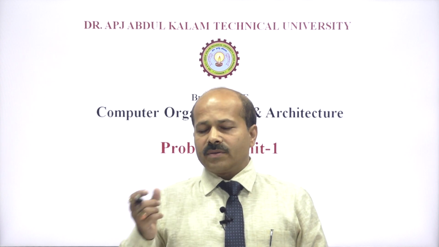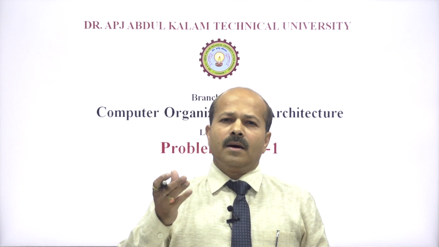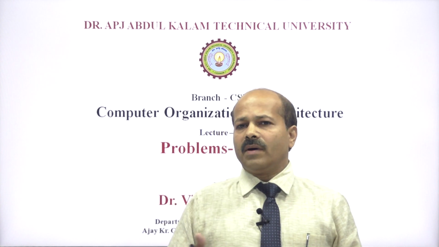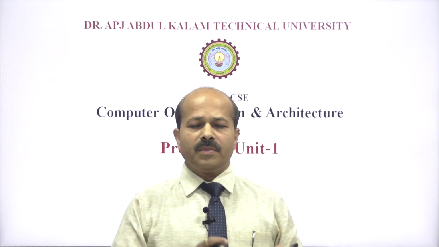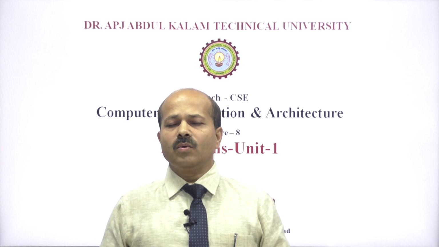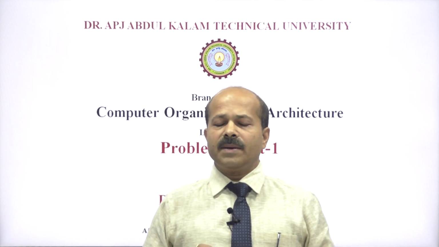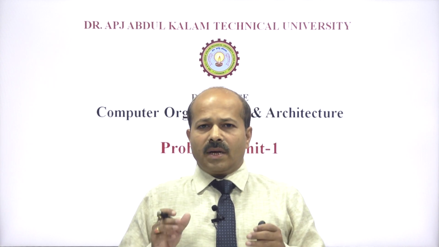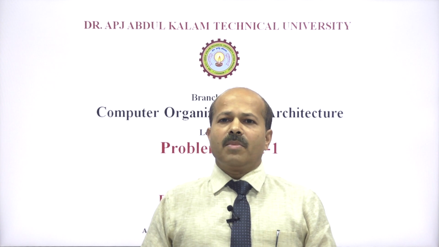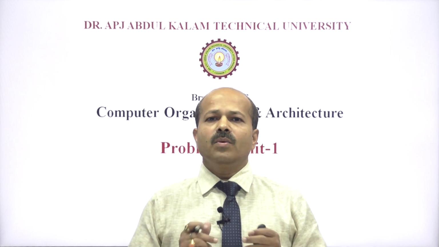We have also talked about arithmetic circuit, how to design ALU, and we have talked about register transfer, means how instructions related to register transfers can be executed. What are the important steps required to execute a particular instruction? In this lecture, we will talk about various problems related to Unit 1.